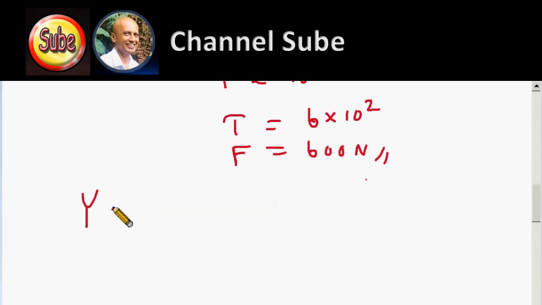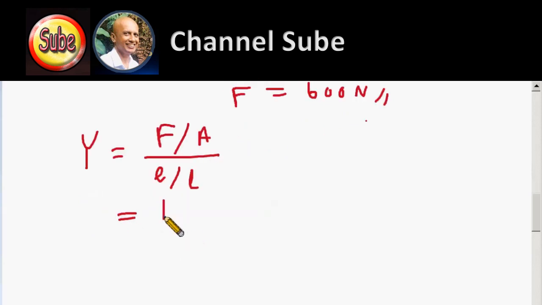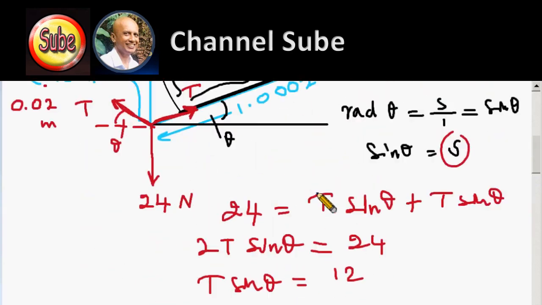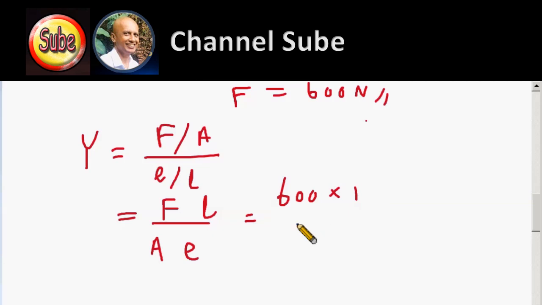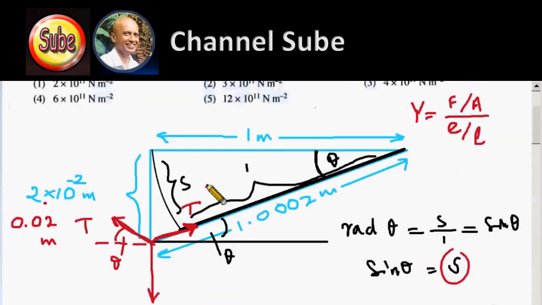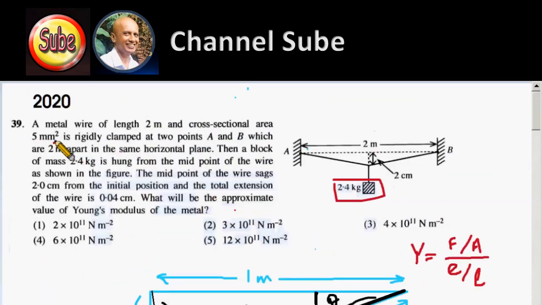So Young's modulus equals F divided by A, whole thing divided by e over L. So we can simplify: we take A to the denominator, and e and L go to the numerator. So F we know is 600, L initial length we know is 1 meter, so we don't have to write it, divided by A, cross-sectional area 5 square millimeter.